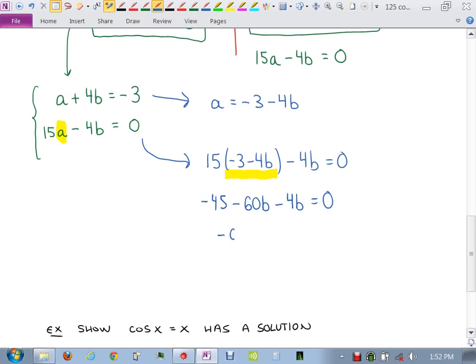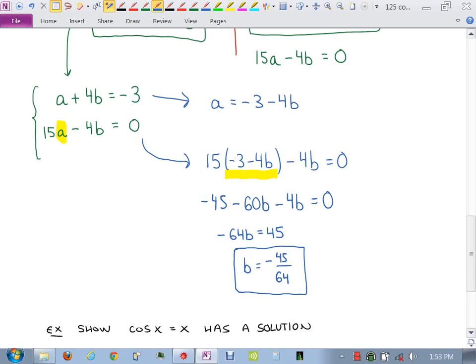So -64b equals 45, and b equals -45 over 64. So that was a linear equation. I would expect you could solve that.